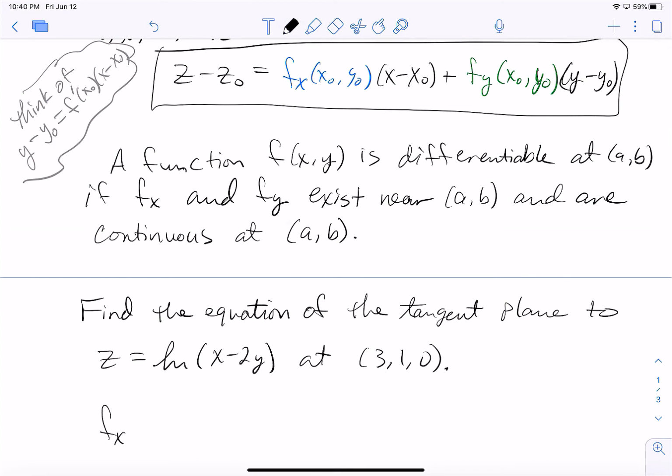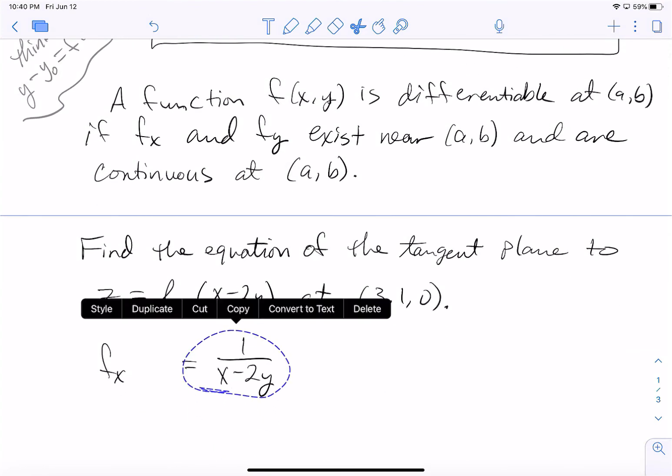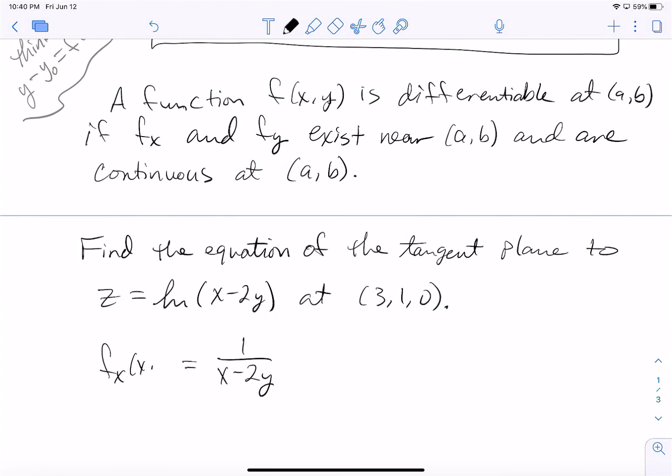So the partial with respect to x is going to be 1 over x minus 2y. I think I should be a little more careful with the notation. I'm going to say the partial with respect to x at (x, y) is that expression. The partial with respect to y at (x, y) is equal to negative 2 over x minus 2y.